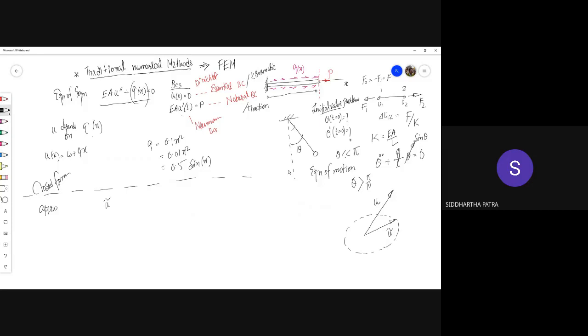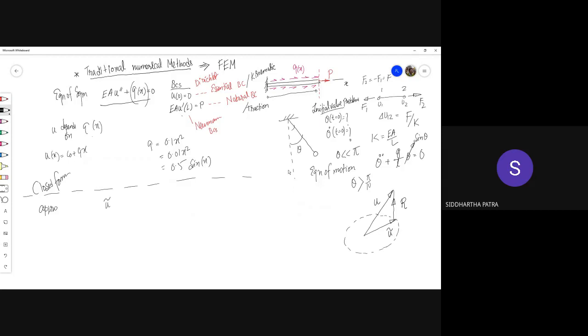Had I been looking in the global set of functions, that means all possible functions, there was a chance I could get the exact solution. But since I'm not, I can only get an approximate solution, u tilde. The difference between the two, again from the function vector analogy, would be regarded as r.